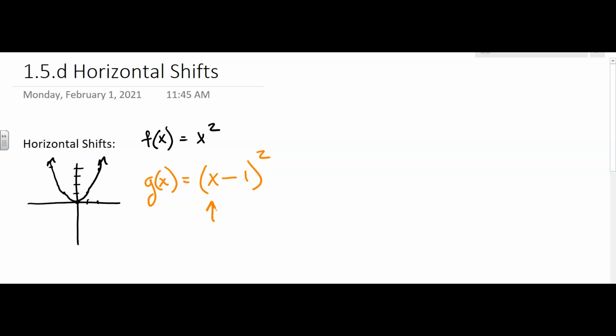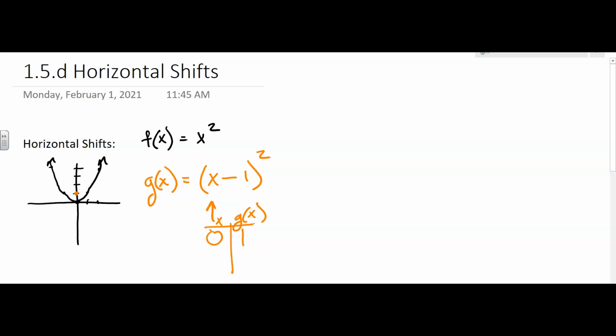Let's say I put in 0 for x. Then what do I get out? Well, 0 minus 1 is negative 1, and I square it, I get a 1 out, right? So now this is like a table of values here, x and g of x. When I'm putting in 0, I'm getting 1 out. So 0, 1 is right there.